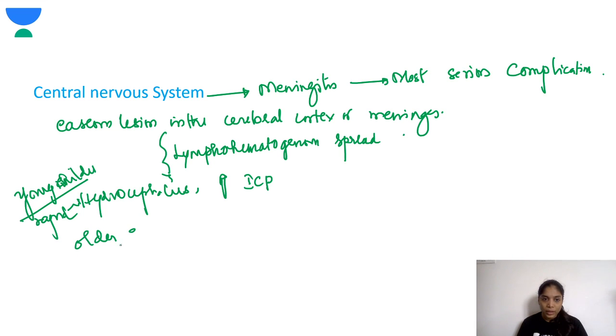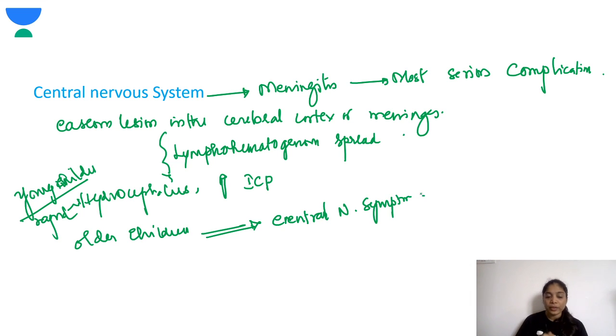But what happens in older children? How will these older children present? Older children will have fever, headache, irritability, and central nervous system symptoms. Eventually the disease will progress: there will be lethargy, seizures, nuchal rigidity, and focal signs.